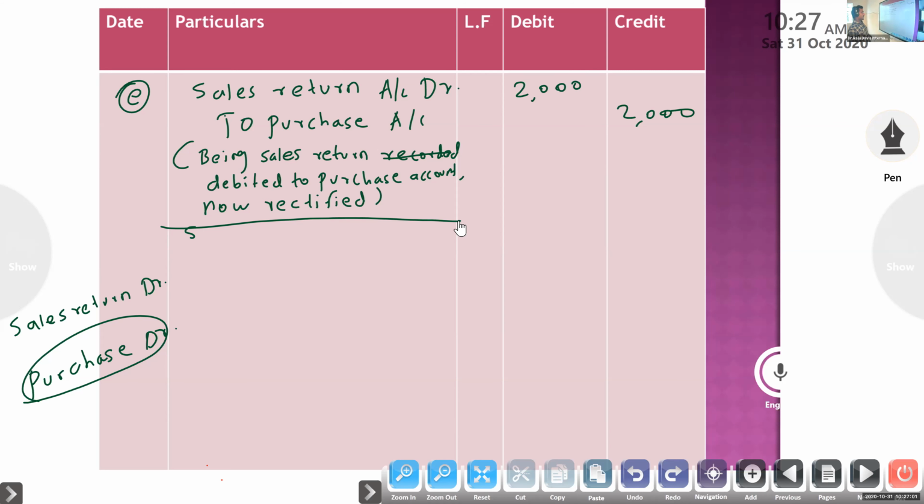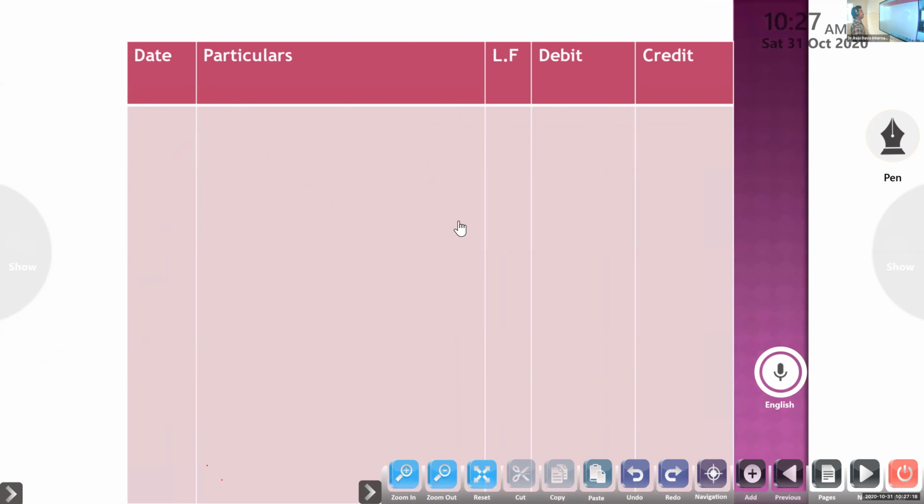But if it is a wrong head, same head only, debit only we did, so that we can rectify errors of principle. Okay. Next one, 10th question. Because next is another topic, one side error. So before that we will do that two side error.